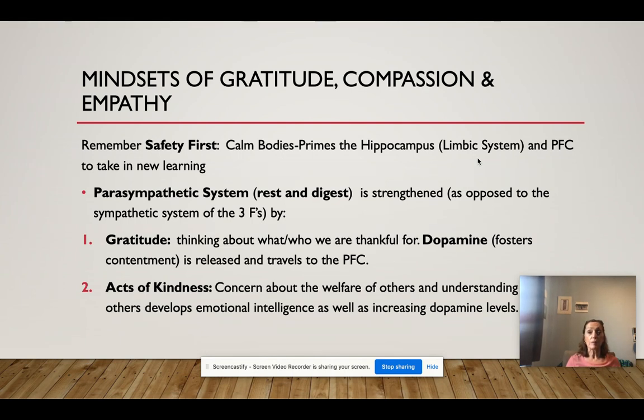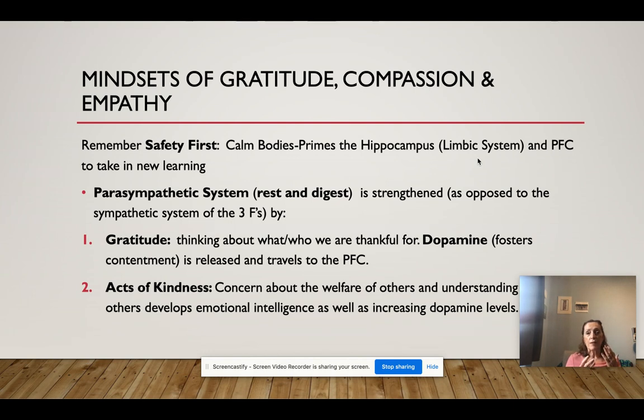That unless people feel safe, unless they feel loved and comfort, they're not going to be able to learn. Well, when they're safe, their body's calm, and this reticular activating system is priming the hippocampus, the limbic system, and the prefrontal cortex to take in the new learning.